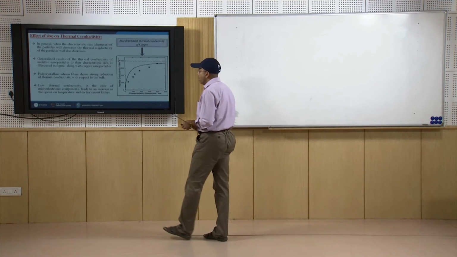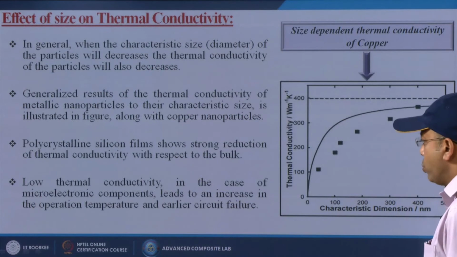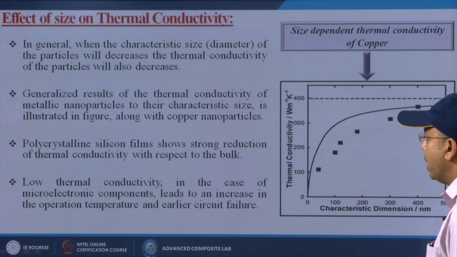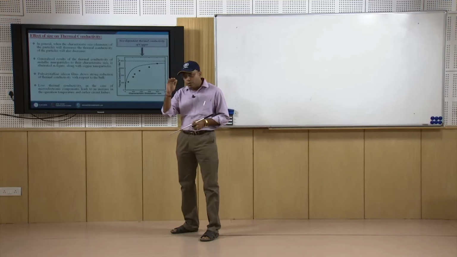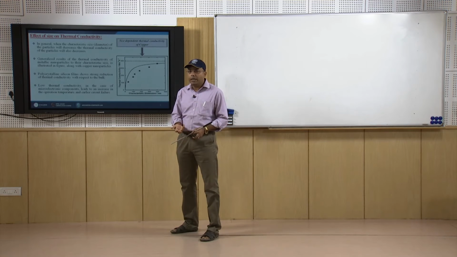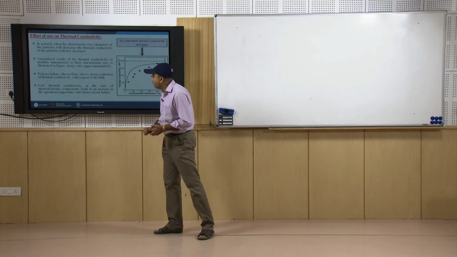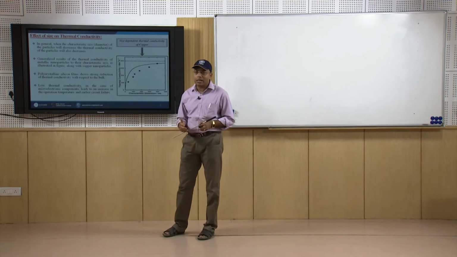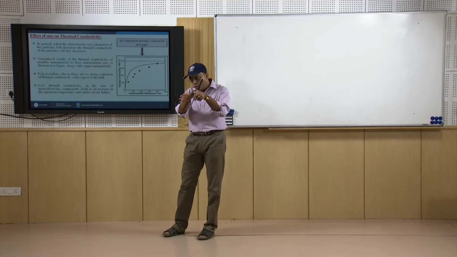Not only that, low thermal conductivity in the case of microelectronic components leads to an increase in the operation temperature and earlier circuit failure. So when we are reducing the size, automatically we are getting low thermal conductivity, which helps us avoid the earlier circuit failure, so that the heat energy generated at that particular point is dissipating very quickly.